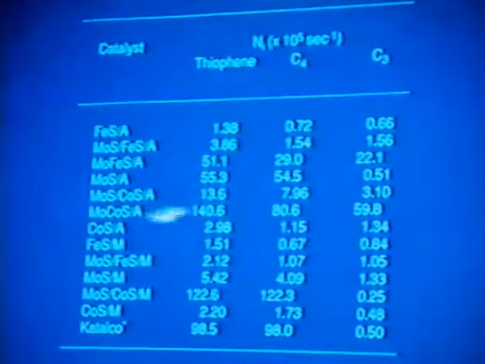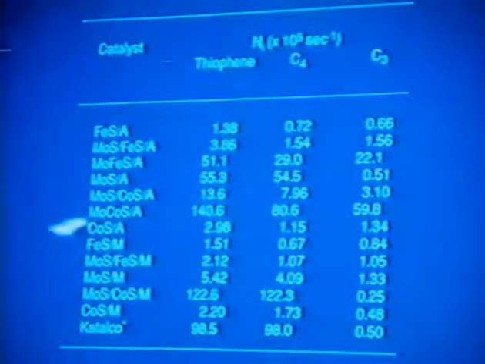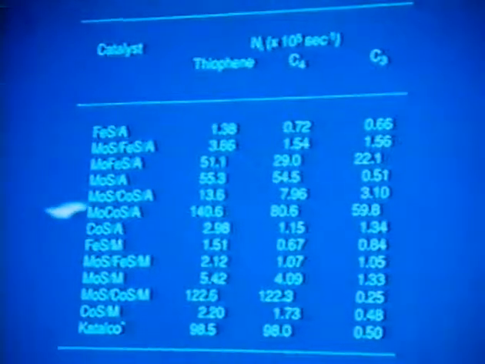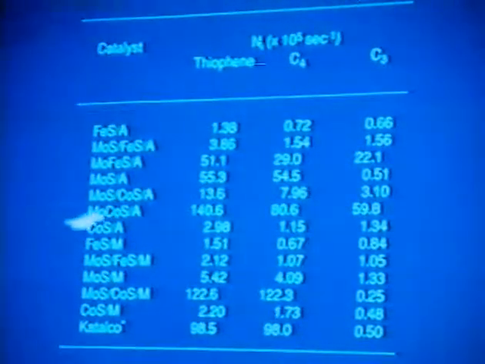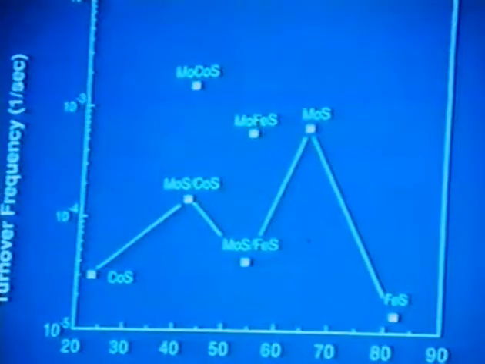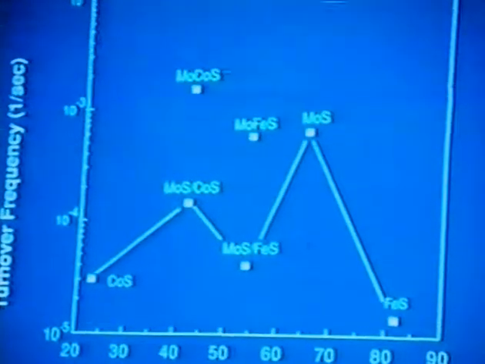We expect that for these catalysts, because they were synthesized from a mixed metal cluster, the interaction and intimacy between molybdenum and cobalt might be a little bit higher than we have with the bimetallic catalysts produced from the monometallic sulfides.